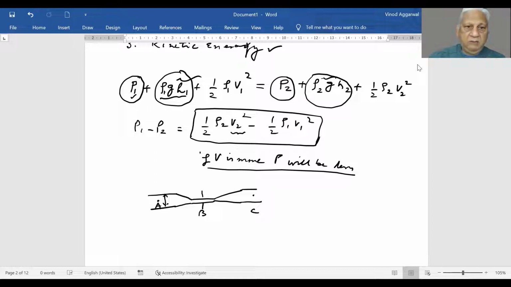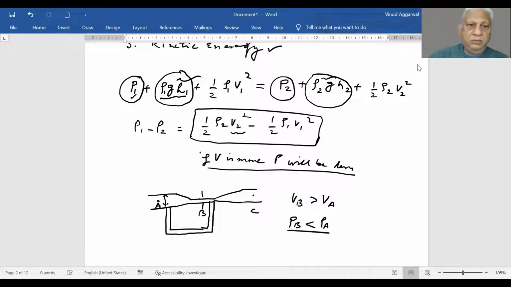Then if we attach a manometer between these 2 points, what will happen? Because cross-section here is much lesser than cross-section here, the velocity at B is much higher than velocity at A, which implies that pressure at B will be much less than pressure at A. So you will have something like this.